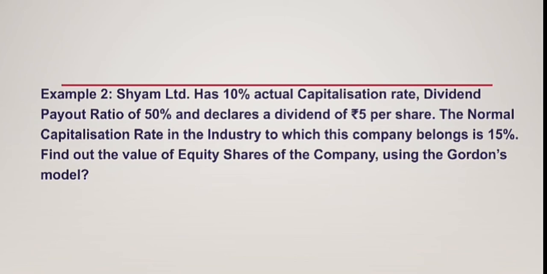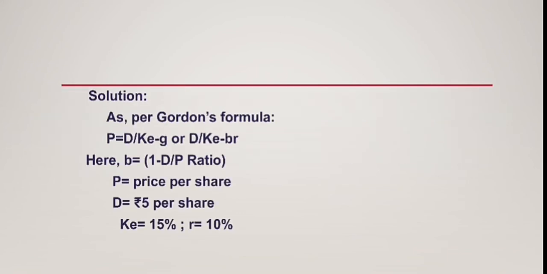On the basis of the second formula we have to calculate the market price per share for Shyam Limited. So first of all, according to the question, we write all the properties on one paper.